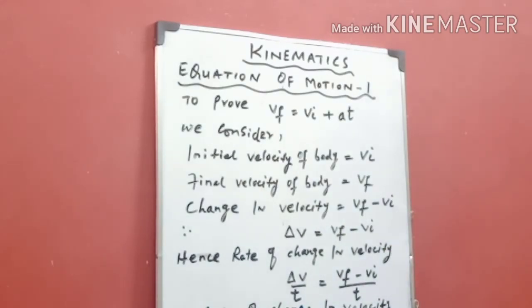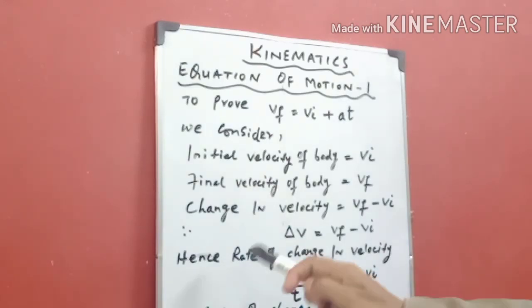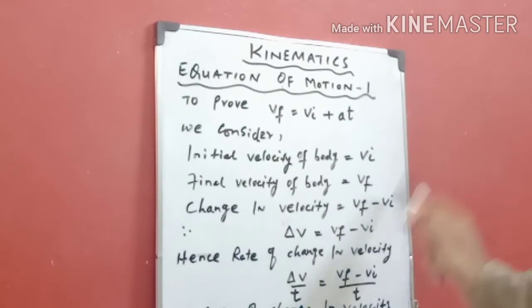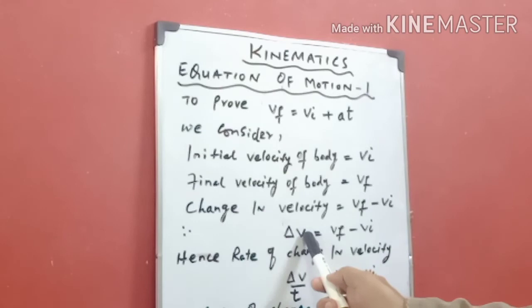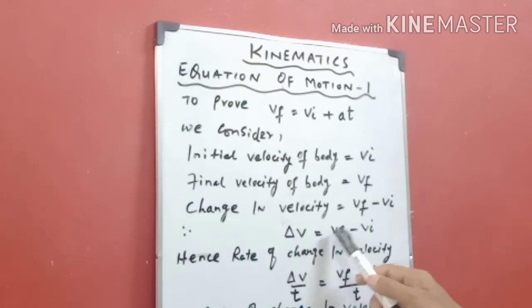In physics, when we divide it by time, we obtain the rate of change in velocity. When the phrase rate of change is used in physics, we divide the quantity by the time taken. Therefore, the change in velocity, Vf minus Vi, is represented by delta V. Delta V equals Vf minus Vi.